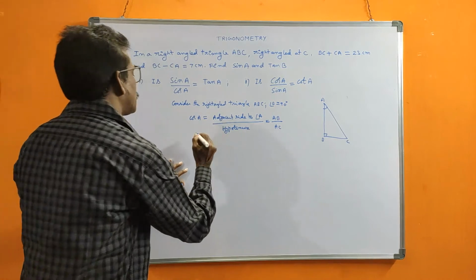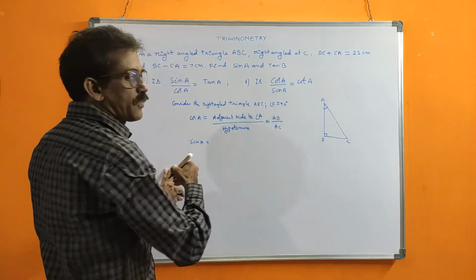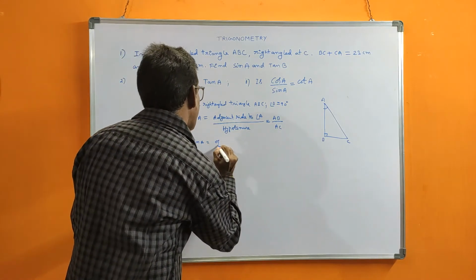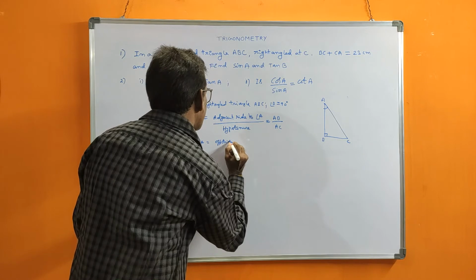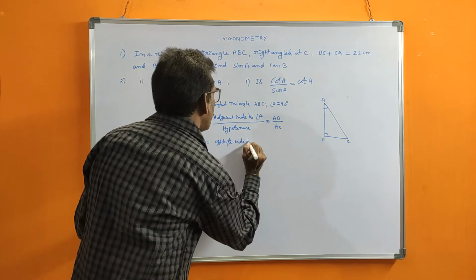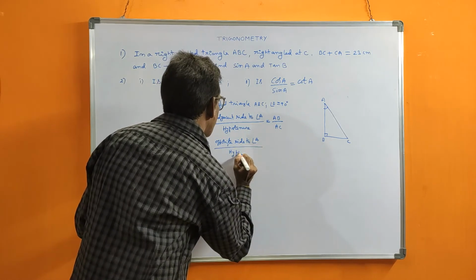Next, sin A. Sin A formula is opposite side by hypotenuse. So opposite side to angle A by hypotenuse.